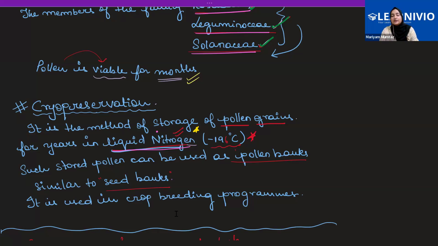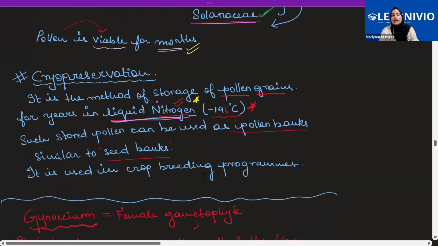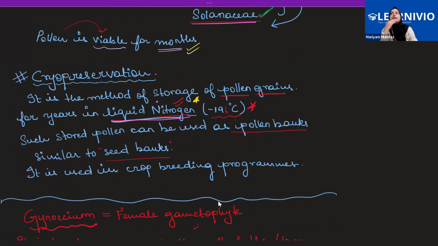It is very similar to seed banks. Cryopreservation is used in crop breeding programs. Whenever there is a need for any particular type of pollen grain, people can retrieve it, because it has been preserved. So this was about the male part of the flower, everything associated with it.